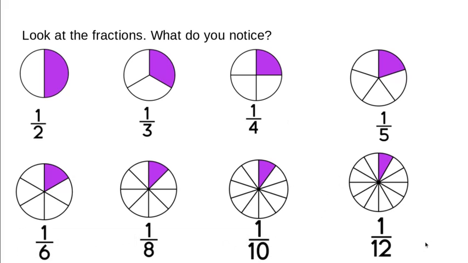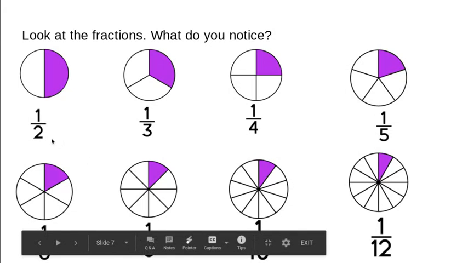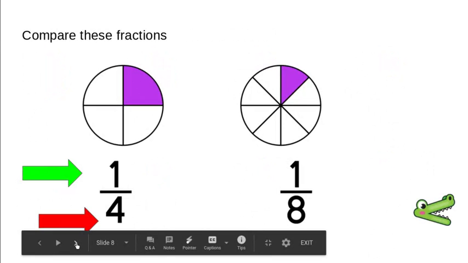And now we know that if it's one slice and the denominator is getting bigger, as the denominator gets bigger, the pieces get smaller. So let's just keep that in mind. As the denominator gets bigger, that's the more people we have to share with. And the more people we have to share with, the smaller the piece gets.